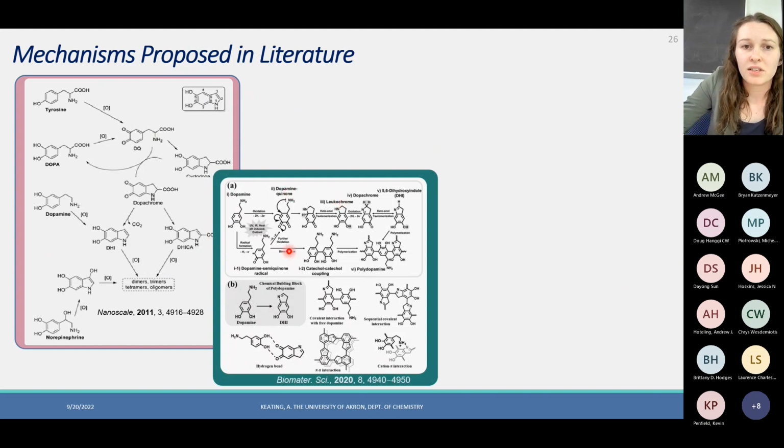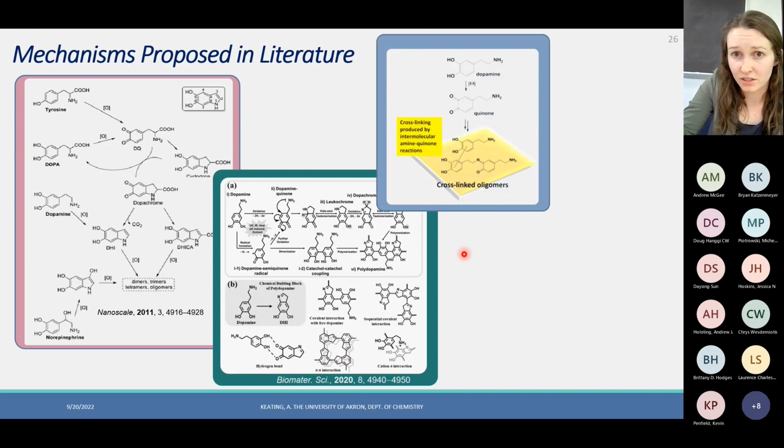People have proposed oxidative oligomerization or polymerization pathways that undergo either radical or quinone initiated mechanisms that can then form these diverse structures that are cross-linked or linearly chained. You've got pi-pi interactions, entirely hydrogen-bound, non-covalent interactions, and so on.